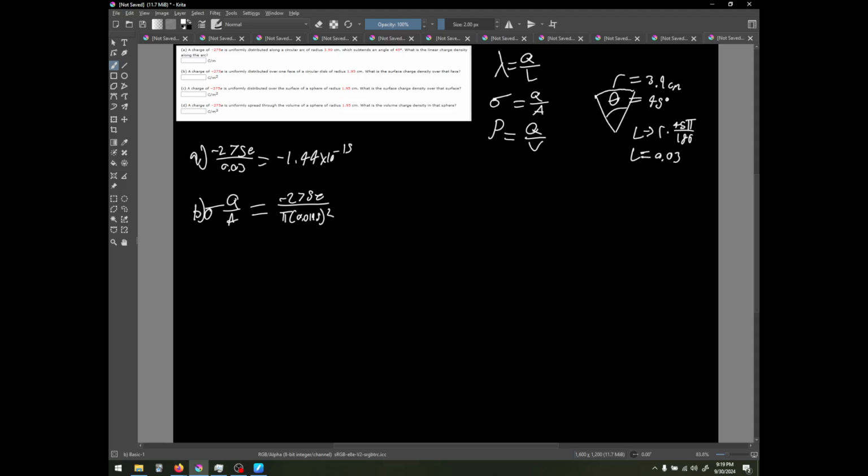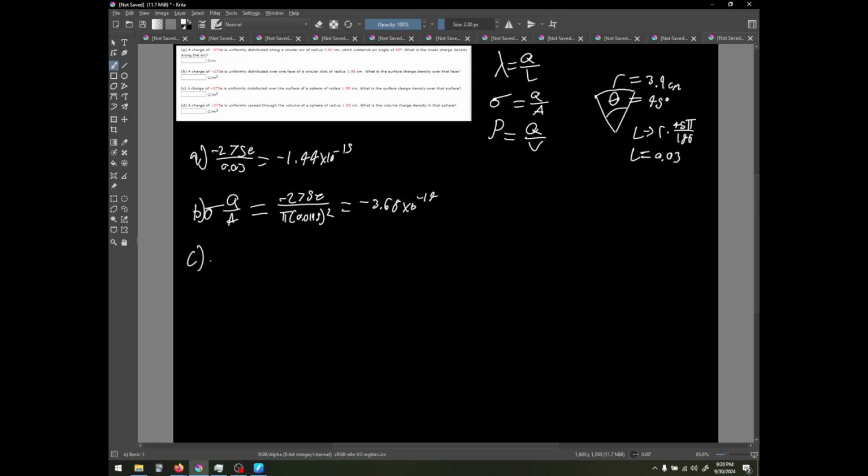Looks like I'm getting -3.68 times 10 to the -14. Yep, it's looking good so far.